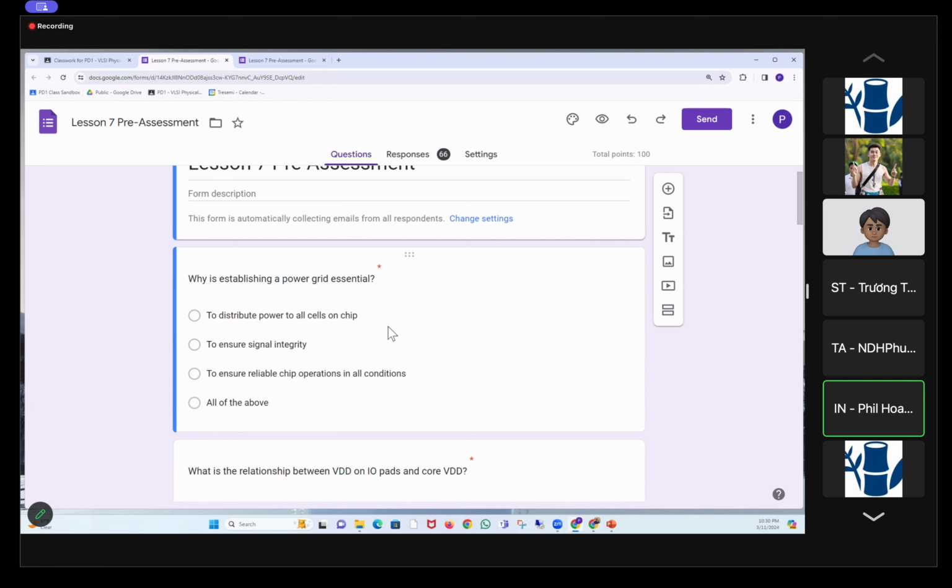So I don't want to do the poll. Maybe people just answer question A, B, C, D in here. Why is establishing a power grid essential? A, to distribute power to all cells on chip. B, to ensure signal integrity. C, to ensure reliable chip operations in all conditions.